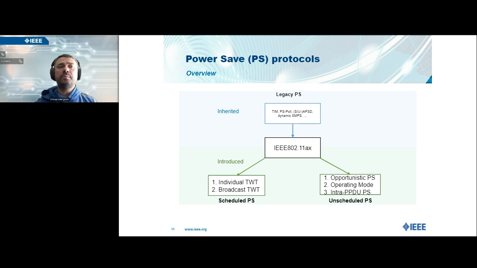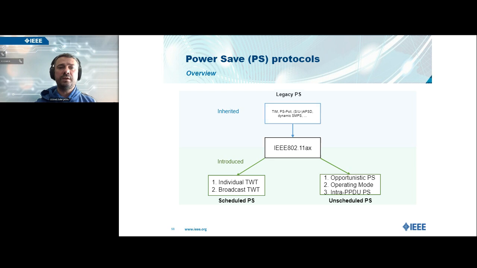So from a power save perspective, 11ax inherited several legacy power save mechanisms, such as traffic indication mapping in beacons, PS polling, dynamic spatial multiplexing power save, I believe is the nomenclature here, APSD, and then in 11ax, 2 sets of power save optimizations were introduced.